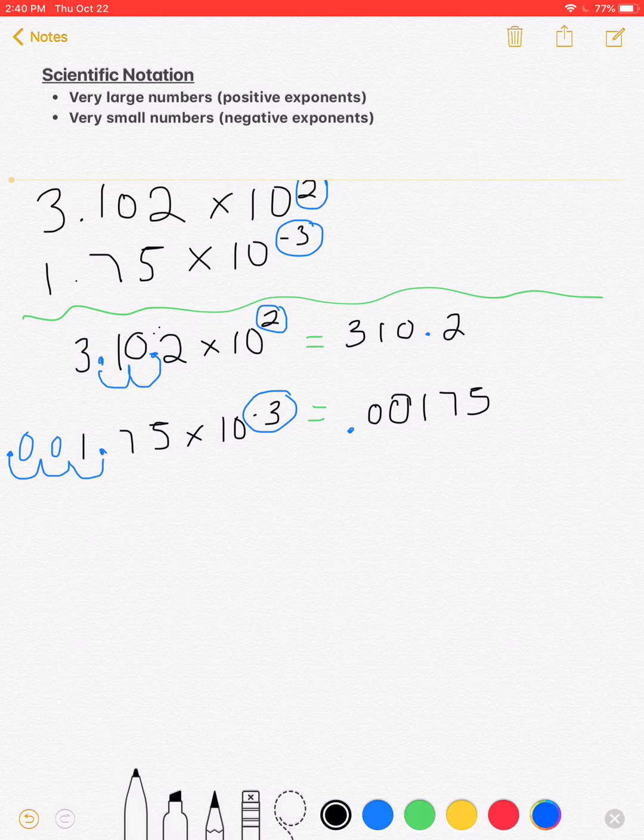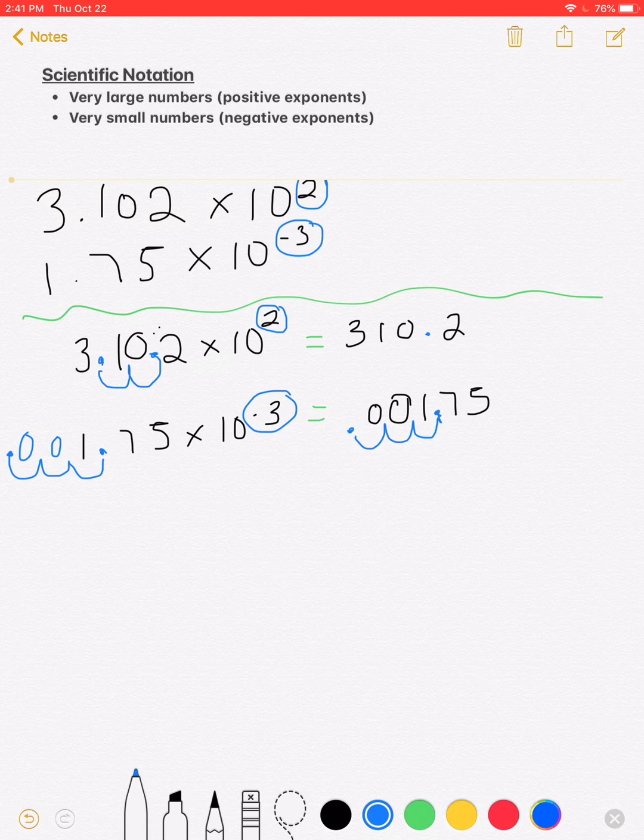In order to change that number in standard form back to scientific notation, all you would have to do is move your decimal. So this blue decimal, you'd have to move it over until you are past your first number that is not 0. So we start with 0, 0, 1. The first non-zero number is 1, and that's where we would move our decimal point to.